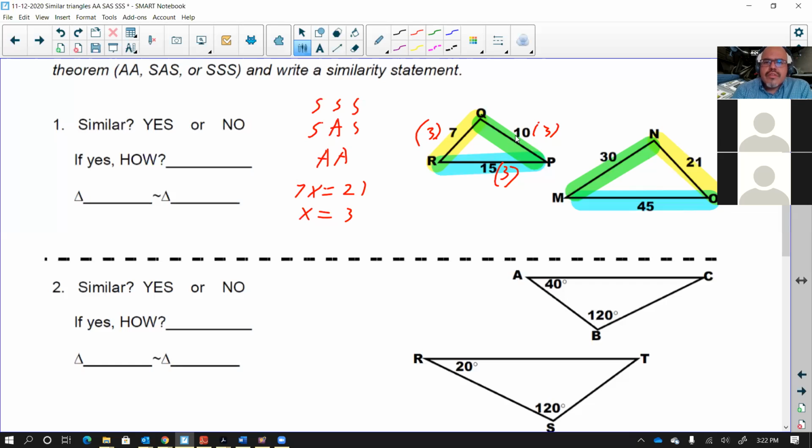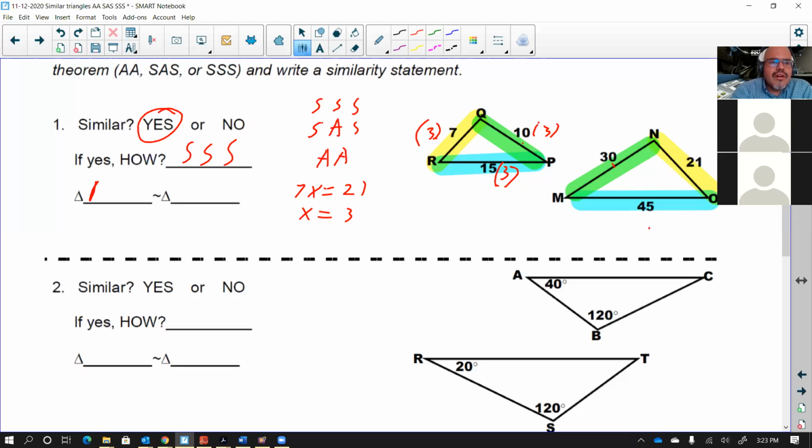Okay, so 3 times 10, 30. 3 times 5, 15, 45. So yes, it is side, side, side similarity, because we don't have any angles. We only have sides. And then you can name the triangles accordingly.